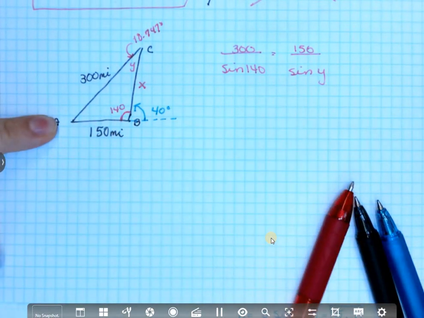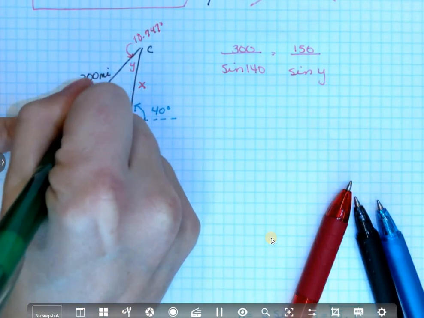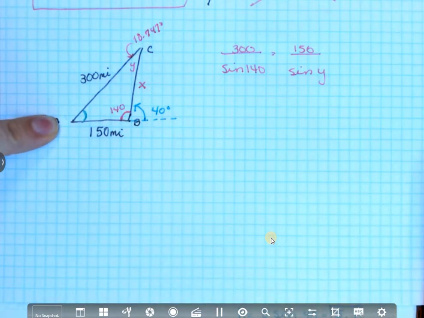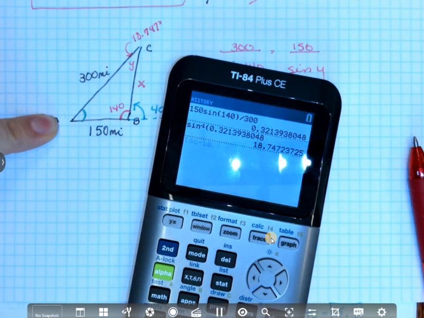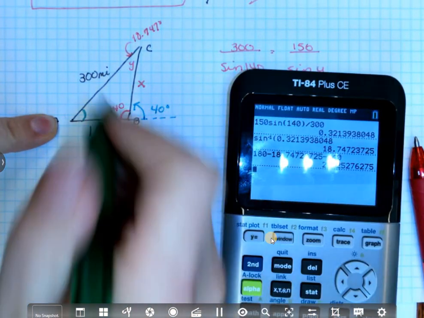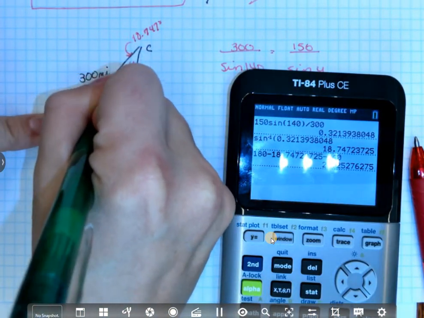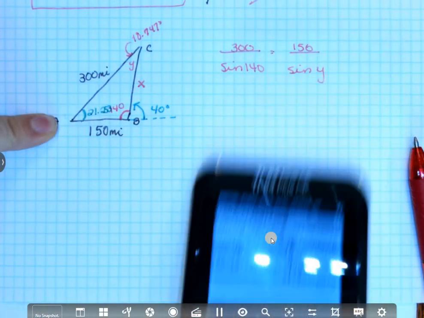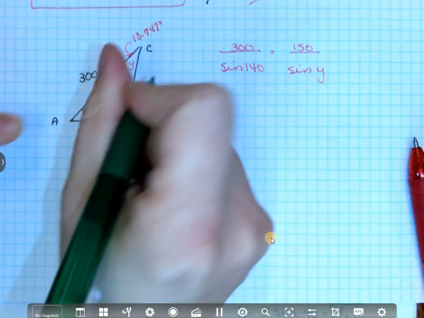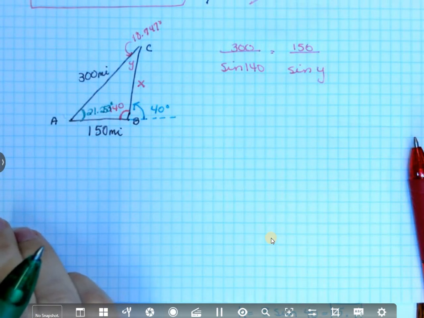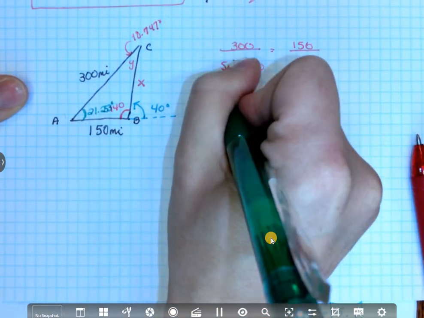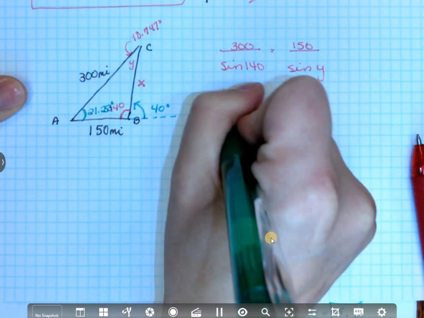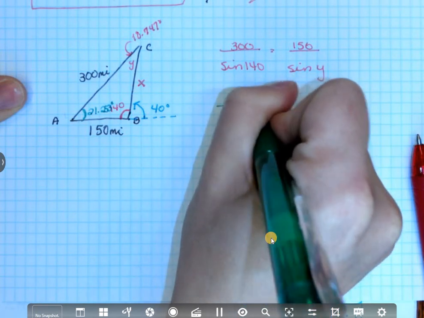Can I find now what this angle is? Yeah, so I'm going to take 180 minus that, minus 140, so that other angle is 21.253, and we're all getting smooshed in there. Yes, sir? Did I hear to wait? You sure? Okay. And so then I'm just going to go back to that 300 over the sine of 140.